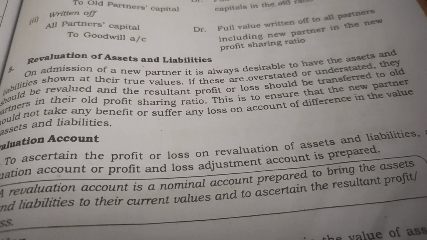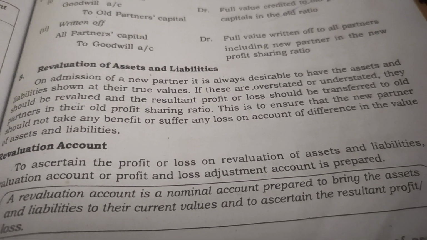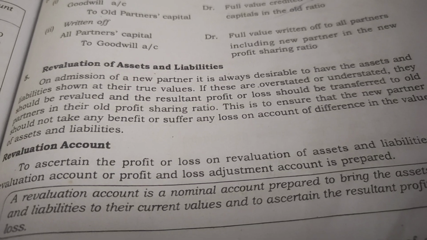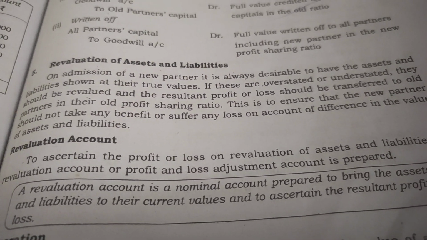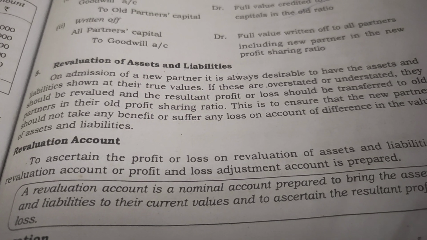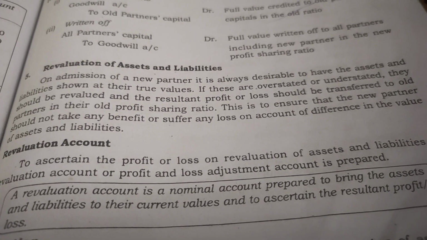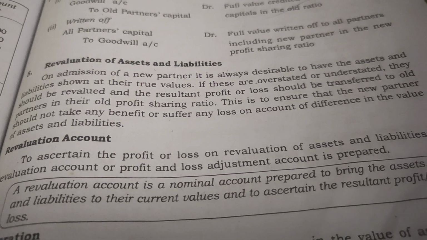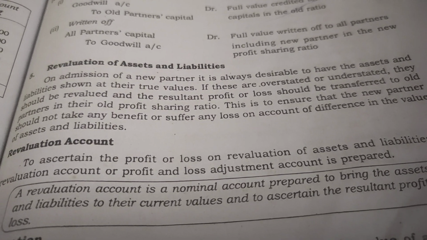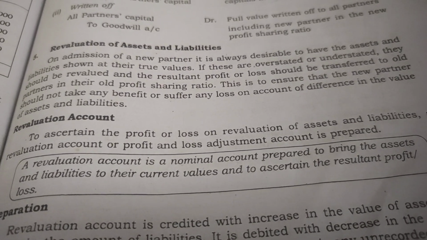This is to make sure that the new partner does not take any benefit or suffer any loss on account of the difference in the value of assets and liabilities.